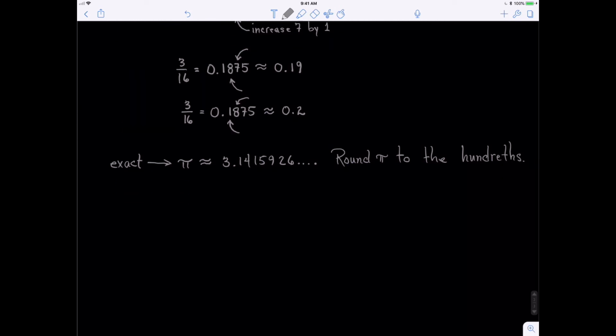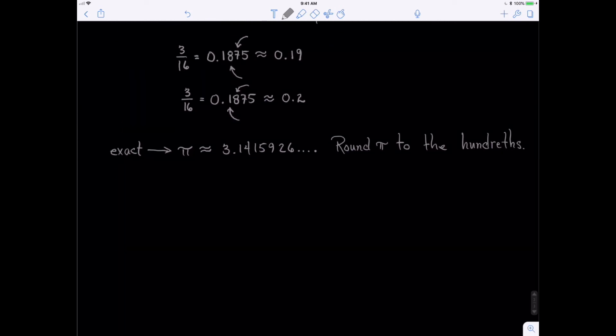That means we're going to round the 4. We look to the right and we have a 1. And here's the rule. If to the right we have a 0, 1, 2, 3, or 4, then we just drop the rest of the numbers, or they become 0, is another way of thinking of it.